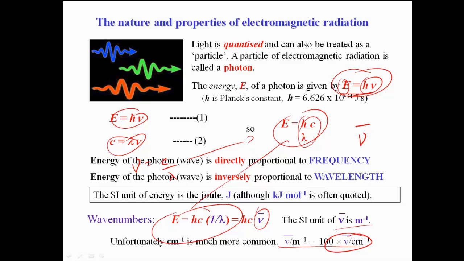Here we have waves per meter, so the number of waves in that is going to be a lot bigger than the number of waves per centimeter. So there are 100 times more waves, if you like, in a meter than there are in a centimeter. That's one way of thinking about it. Usually people tend to mess that up.